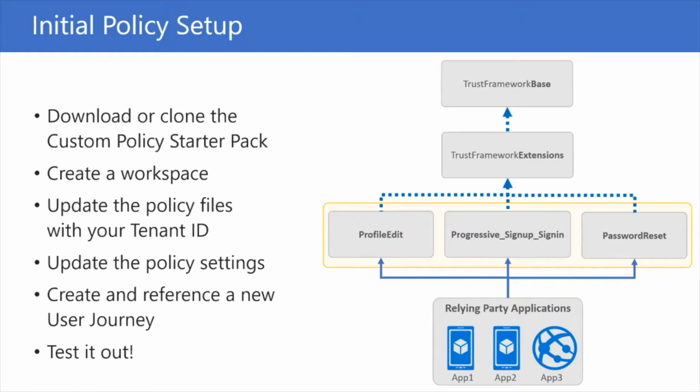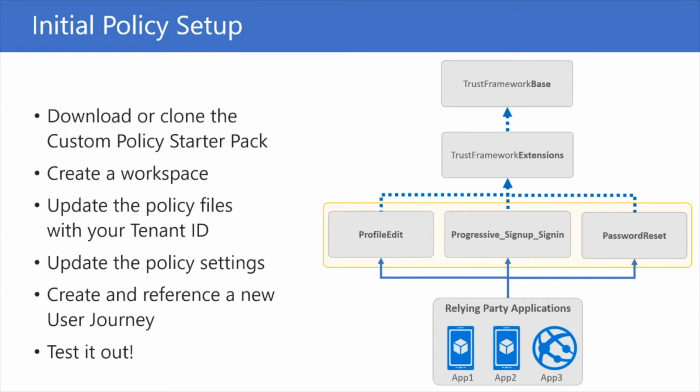The next step that we need to do is prepare our policy files. To get started, you can either download or clone the custom policy starter pack. Next, you use the appropriate starter pack files to create a workspace with the files you're going to edit for the policy that you're creating. You'll update these files with your Azure AD B2C tenant name. You'll update the policy settings based on the values that we just collected.